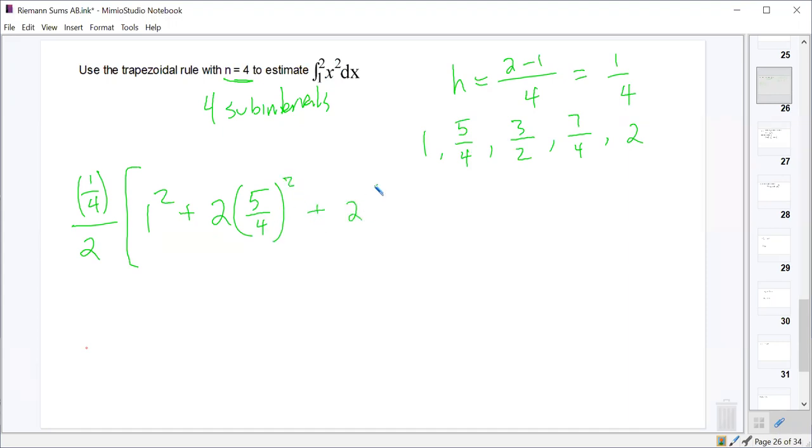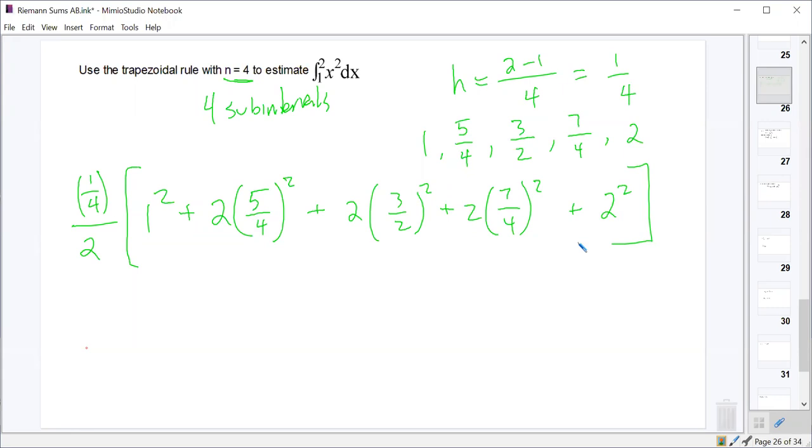The next one will have a 2, and it'll be 3/2 squared, and the next one will have a 2, and it will be 7/4 squared, and then the last one will not have a 2 because I only use that x value of x equals 2 for one of the trapezoids. It ought to be 2 squared. Good or no?